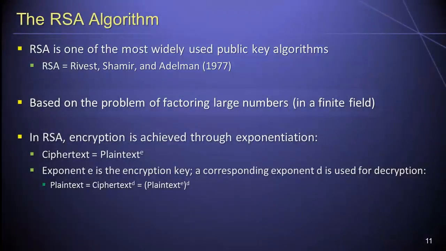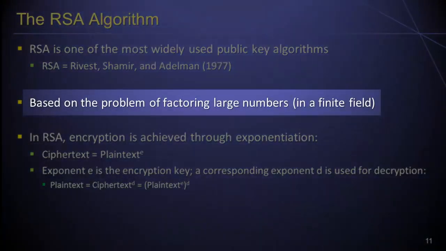The RSA algorithm is based upon the problem of factoring large integers in a finite field. Factoring large integers is a very time-consuming problem for which no shortcut is currently known. The public key in RSA-based encryption is derived by taking the product of two randomly chosen prime numbers.